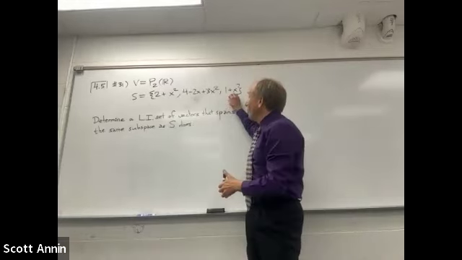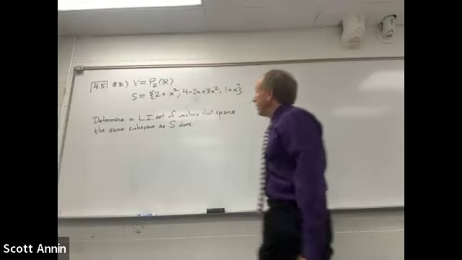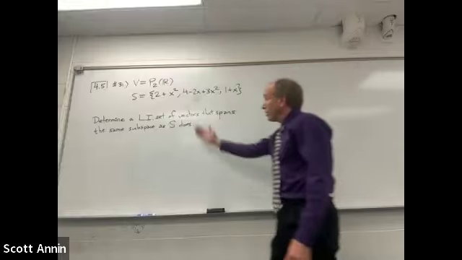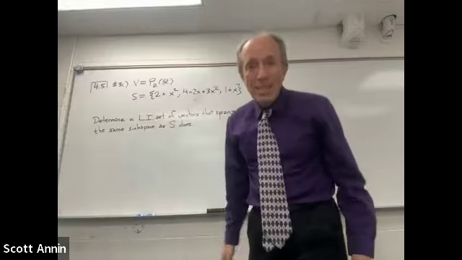And this third polynomial is only degree 1. But you do see some x squareds in these other positions. So again, determine a linearly independent set of vectors that spans the same thing that S does.